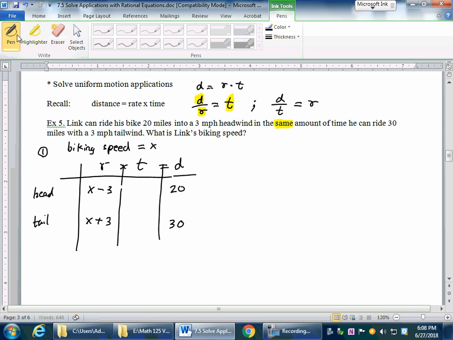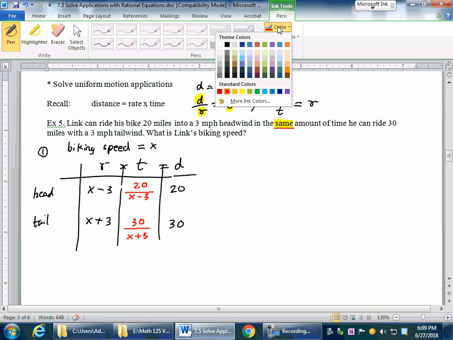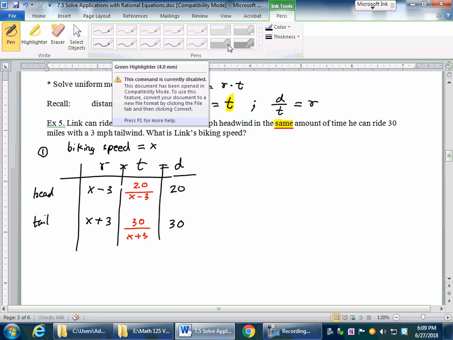So therefore, for this situation, my distance divided by the rate will become the time for the headwind. Similarly, the distance divided by the rate gives me the time for the tailwind. And right here, it already tells you that they have the same amount of time. That helps me set up my second step.